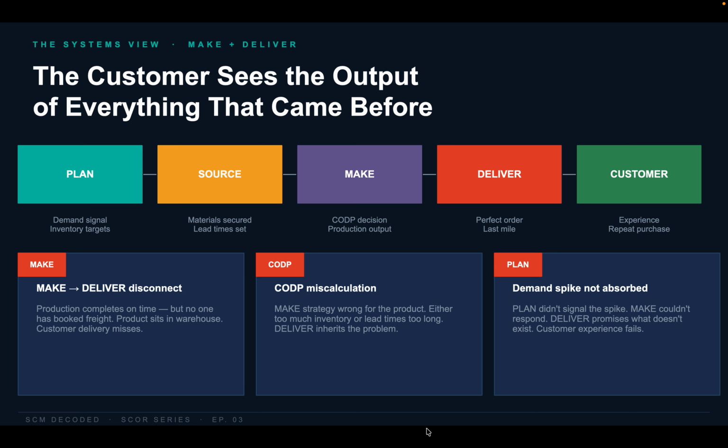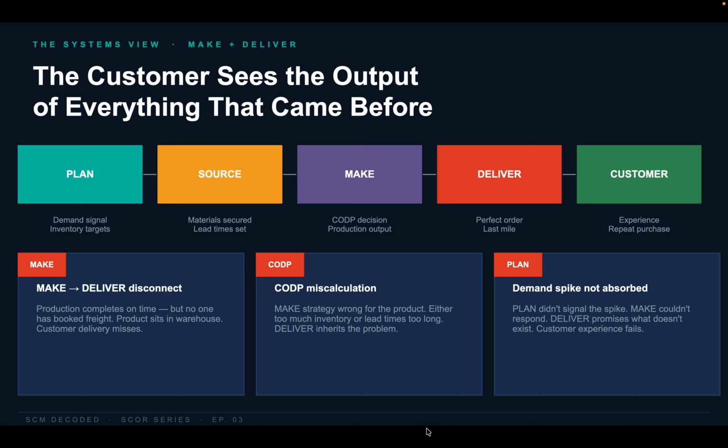That's what we are going to connect over here. Failure 2, CODP miscalculation. The wrong make strategy for the product. That is going to be counted over here. Either too much inventory or lead times too long.